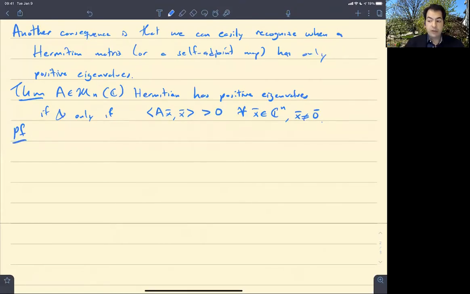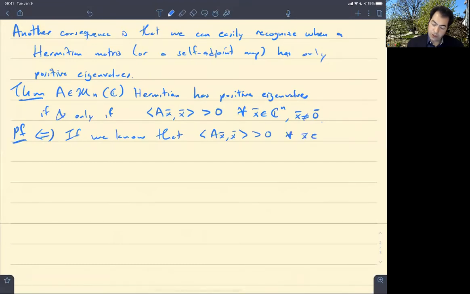It's an if and only if, so we should prove both directions. So let's start with this direction. This is the easier direction. Well, they're both pretty easy, but this is the easier one. So in this case, let's say we know that the inner product of AX against X is strictly positive for all non-zero X in Cn.